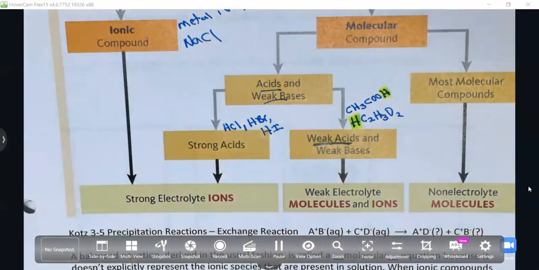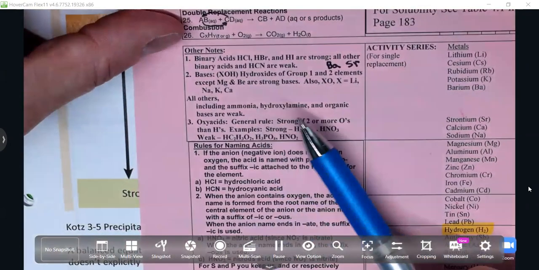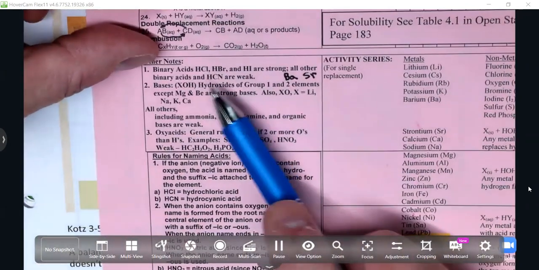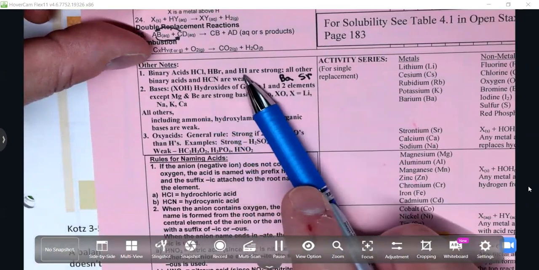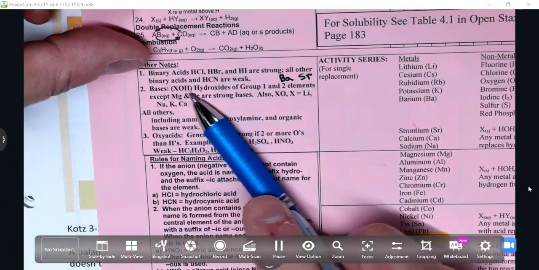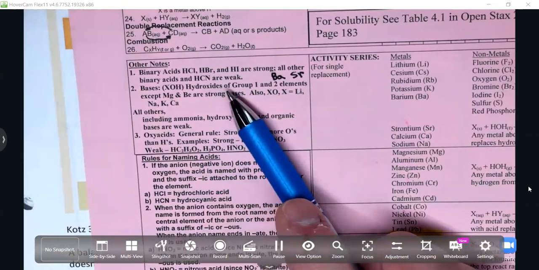Grab your pink sheet. I've got that on the pink sheet, whether or not you have strong acids or bases. And it states it right here. Binary acids, HCl, HBr, and HI are strong. All other binary acids and HCN are weak.